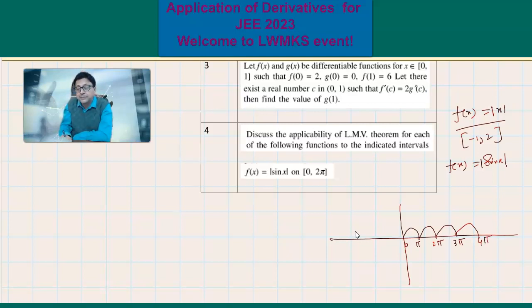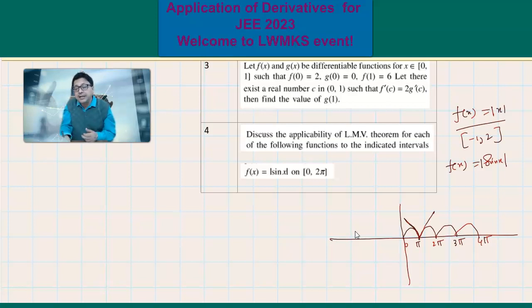Can I use it? No, because at the point x equal to pi, the function has a kink. Mod sin x has two types of tangents over there at x equal to pi. Pi plus 0 has one kind of tangent, pi minus 0 another kind of tangent. At this point the tangent will be like this, and before pi the tangent will be like this, and they are not giving you the same value of dy by dx.